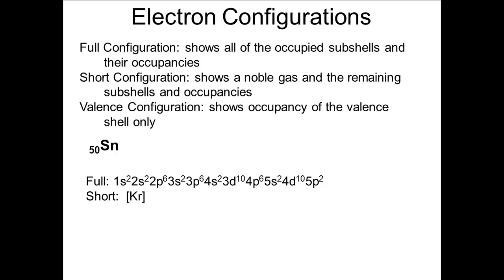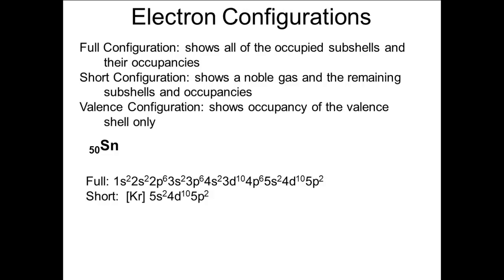The short configuration begins with the noble gas krypton, which is at the end of the fourth row. This represents the part of the configuration through the 4p and has 36 electrons. The rest of the configuration contains 14 electrons and starts with the 5s: 5s2, 4d10, 5p2.